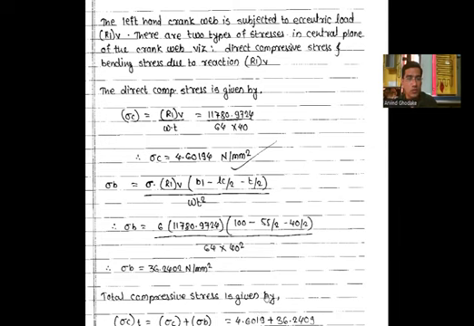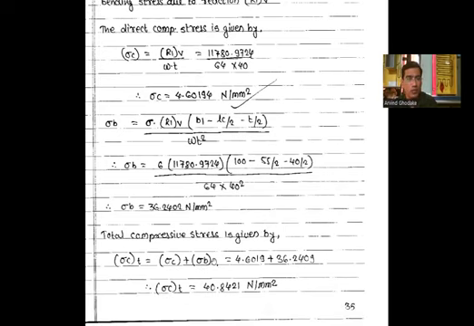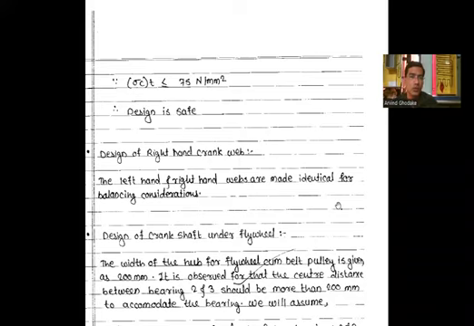The total compressive stress is given by sigma Ct is equal to sigma C, the stress due to compression, plus the stress due to bending. So the total compressive stress is 40.84 Newton per mm square. The total compressive stress is less than the allowable stress of 75 Newton per mm square. Therefore, our design is safe.